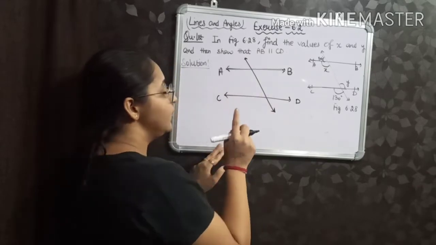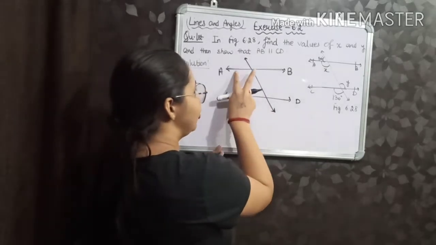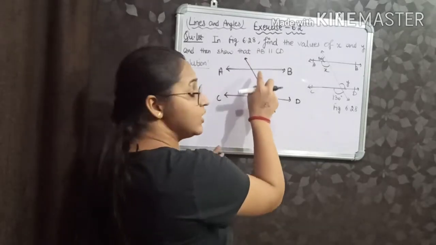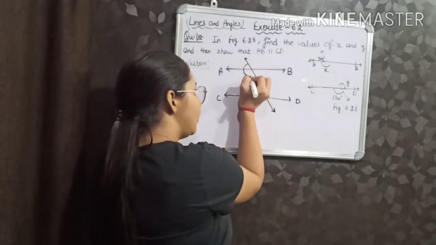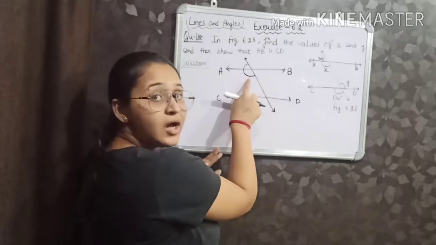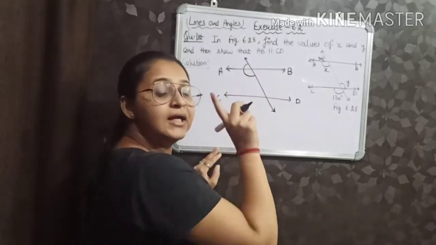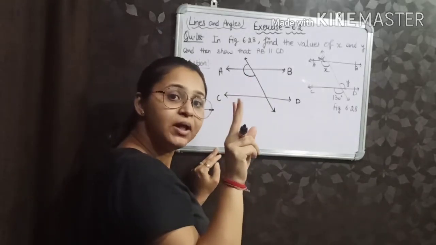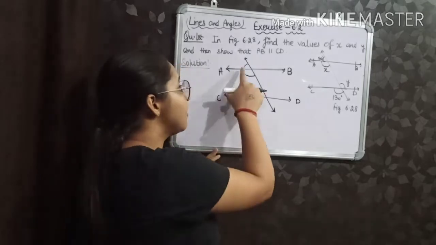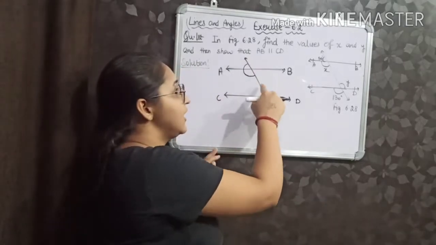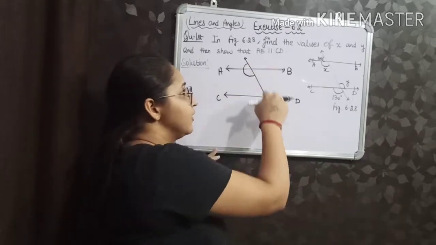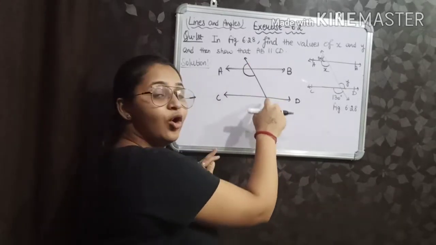Okay. And you know very well that if two lines are here and one is a transversal line, so these two angles are forming a linear pair, and linear pair are supplementary. That means the sum of these two angles is 180 degrees because these are a linear pair and these angles are made on a line.